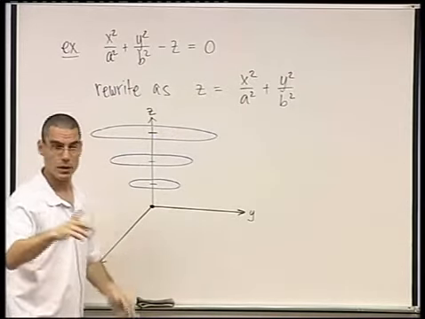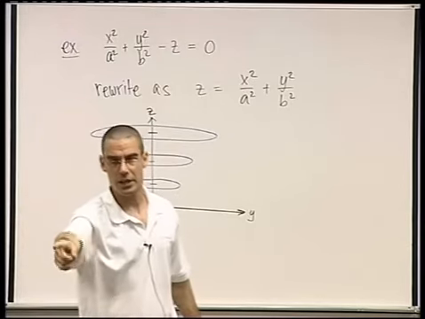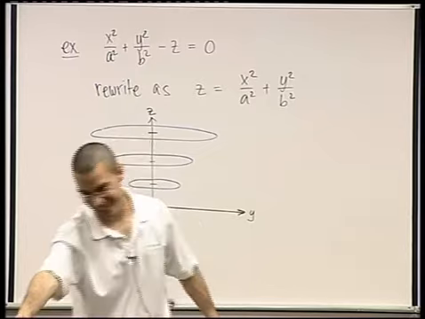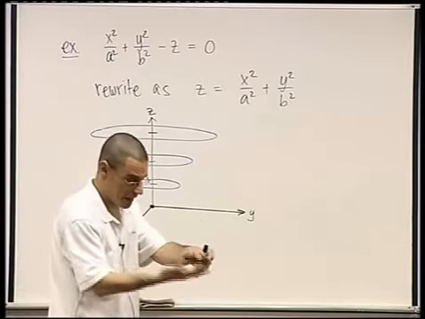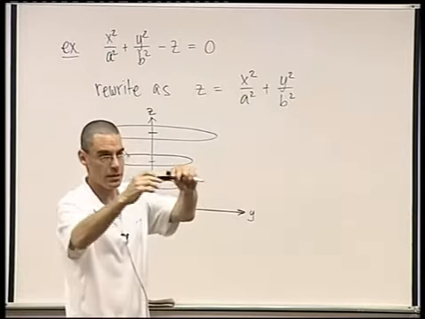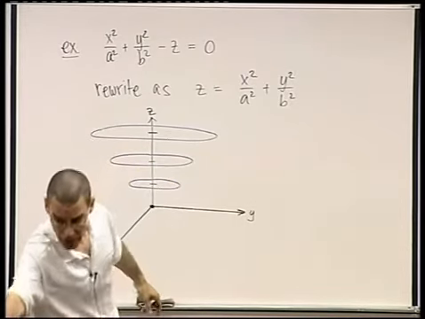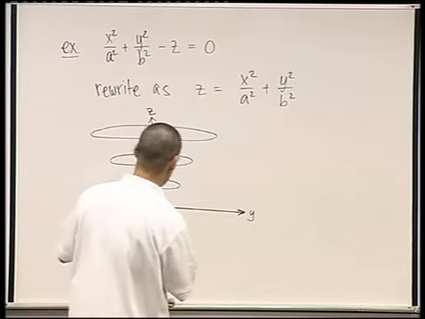Do you agree? Does somebody have a bigger one? Or can I borrow that for a second? Okay, do you agree that what I'm getting is something that looks like this? Okay, but let's try to be more precise and understand it better.